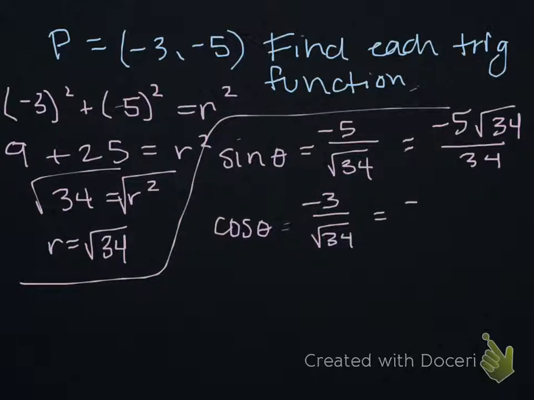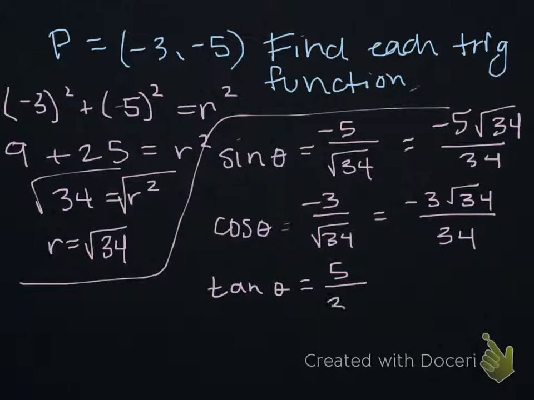Again, rationalizing, so -3 root 34 over 34. And lastly, tangent is y over x, so when I divide my y by my x value, I get 5 over 3. And that should be pretty basic. If I asked for the other three trig functions, then you would just be taking the reciprocals.